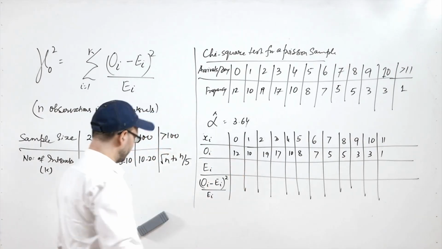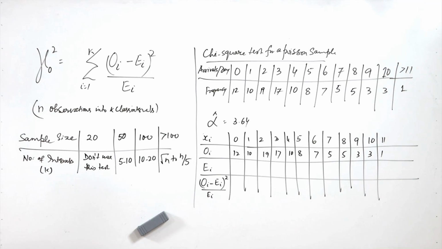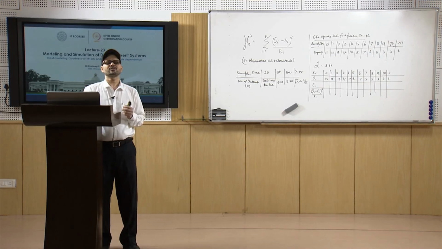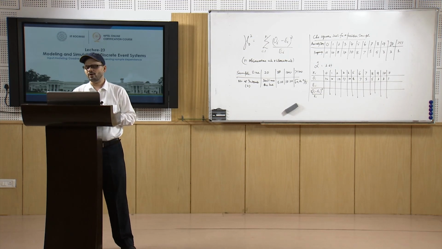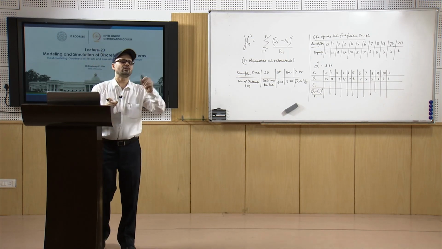Now, how to get these expected frequencies? Since it is a Poisson distribution, you compute the probability value.